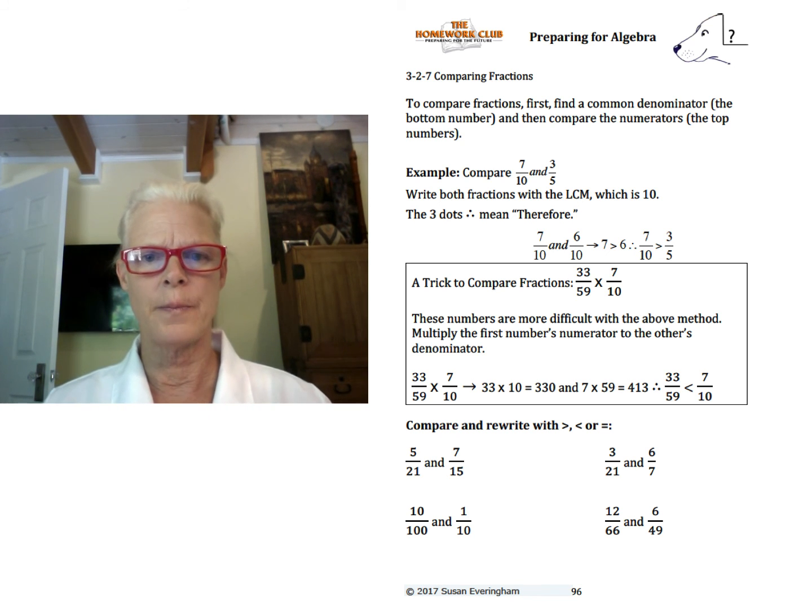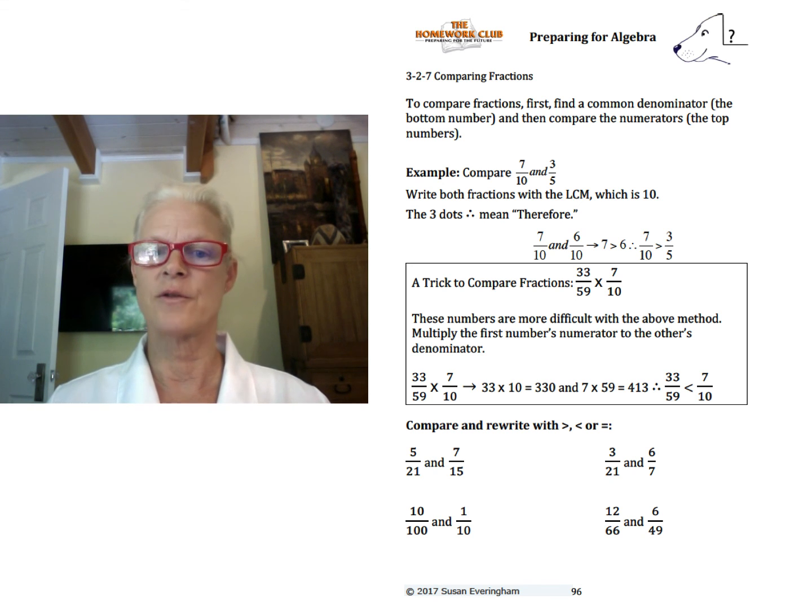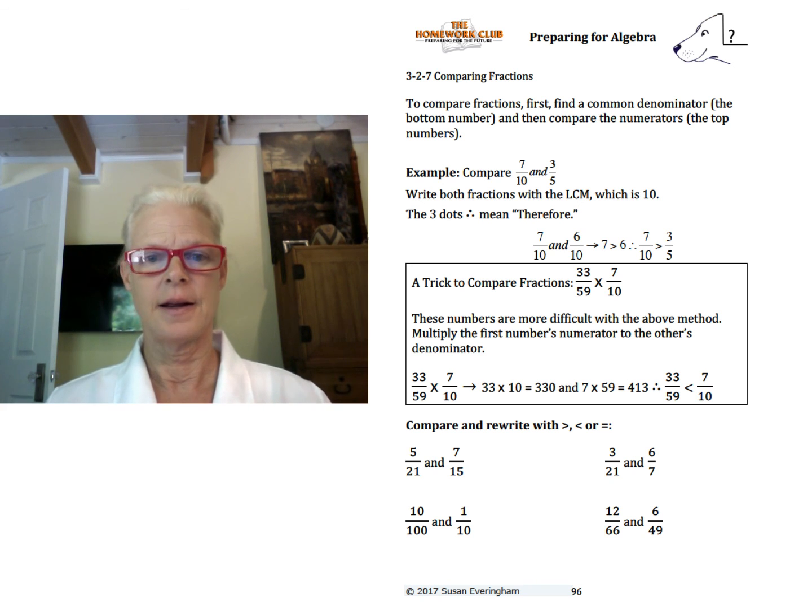It's when we get numbers that we cannot find the LCM for the denominators very easily, right? So what we do is we take the denominator of the second number, times it by the numerator of the first number, first fraction, 33 times 10, okay?